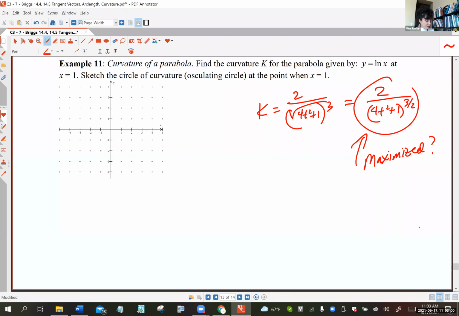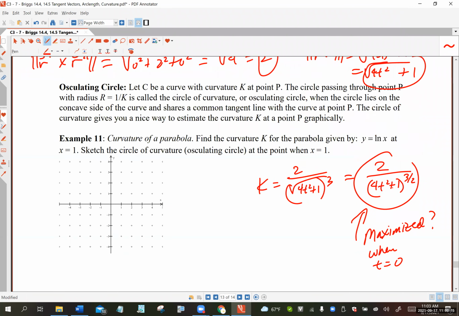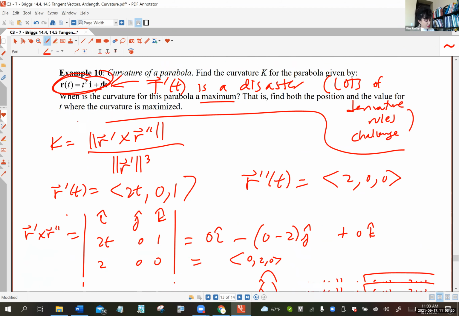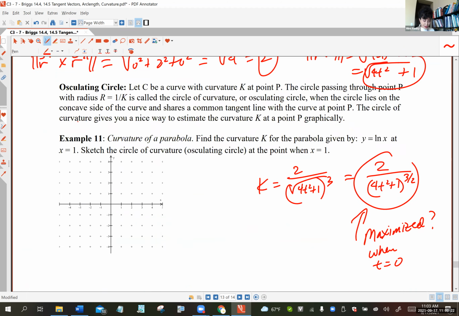It's going to turn out, and like I say, you could do your Calc 1 on it. Use the chain rule, take the derivative, set it equal to 0, solve for t. It turns out it's maximized when t is equal to 0. So on the curve, when you plug t equals 0 into this vector valued function, you get the point 0, 0, 0.